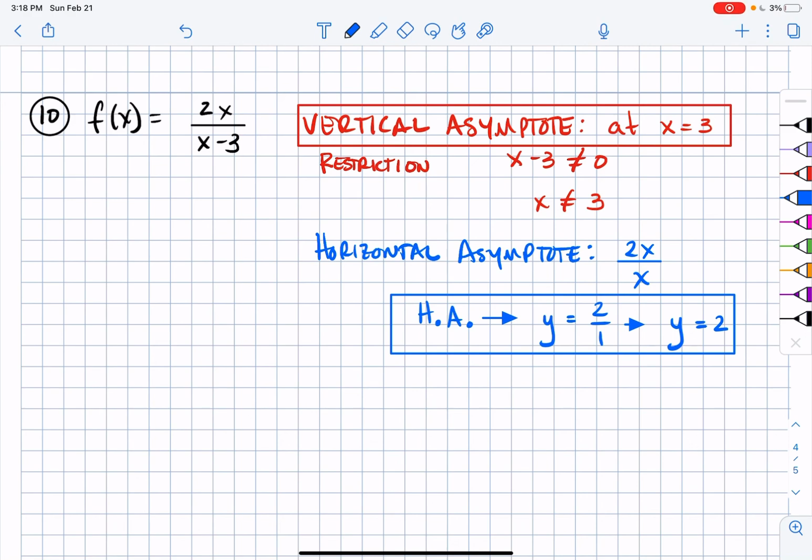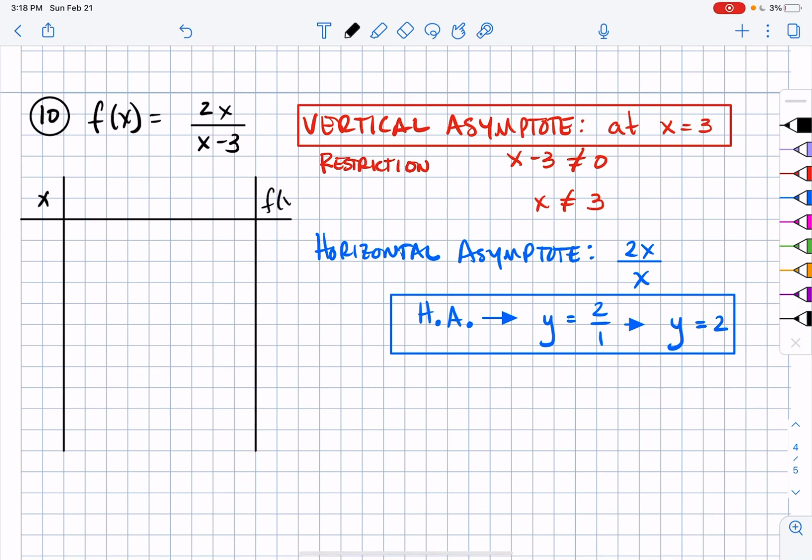The next thing you should do, because x cannot be 3, is make a table getting close to 3 and see what happens. So let's make a table. Here's my x, here's my f of x, or my y.